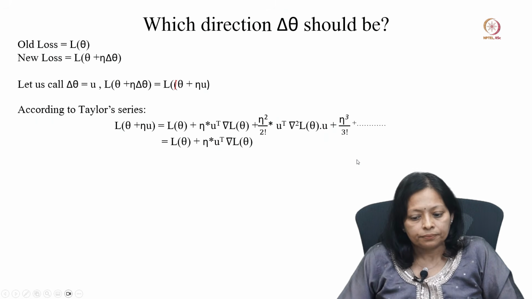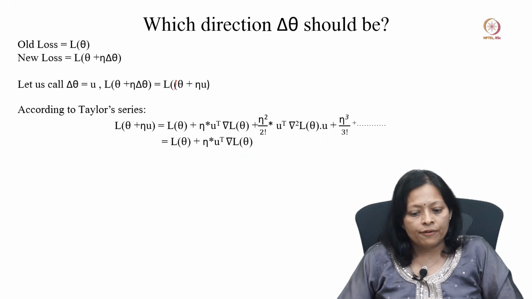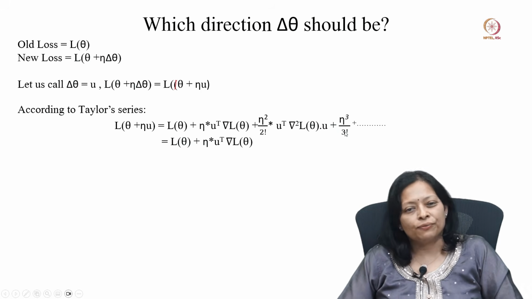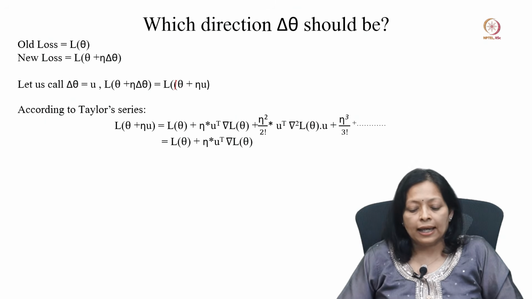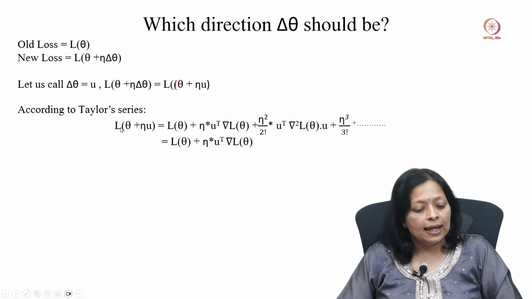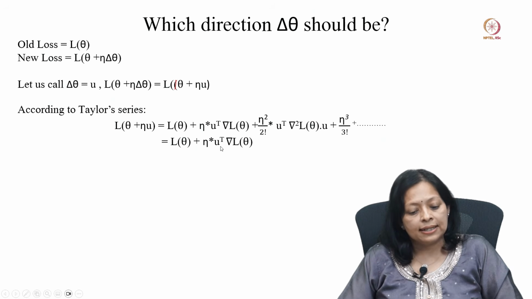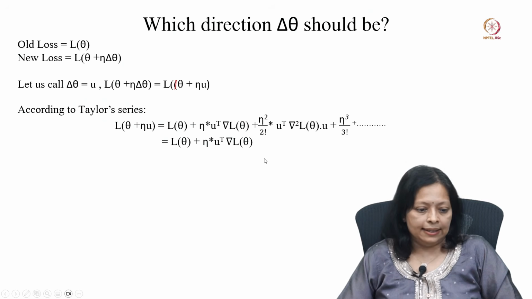Now, if we have eta to be a very small value, then eta square, eta cube, these will be extremely small. In that case, we can neglect these terms, and what we want to keep as an approximation is L of theta plus eta u is equal to L of theta plus eta into u transpose into gradient of L of theta.